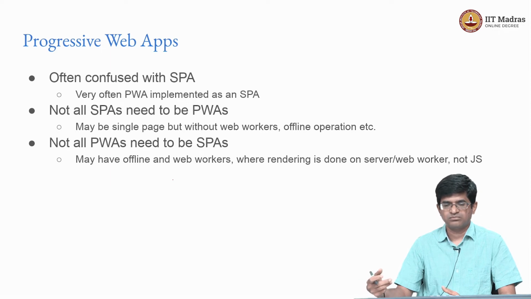But like I said, the most common scenario is that a PWA is implemented in the form of an SPA, which means that I get to benefit from all the front end advances of SPAs.